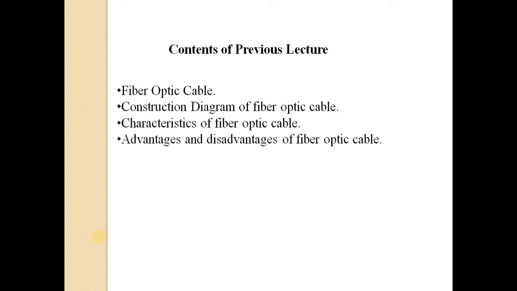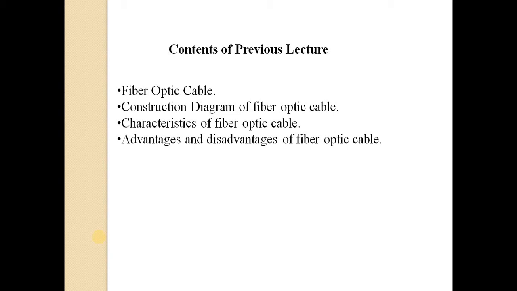Next point is the advantages and disadvantages of fiber optic cable. Less signal attenuation is an advantage of fiber optic cable. Noise resistance, it is light in weight. More immunity to tapping or more reliability, and it is used for long distances. These are the advantages of fiber optic cable.